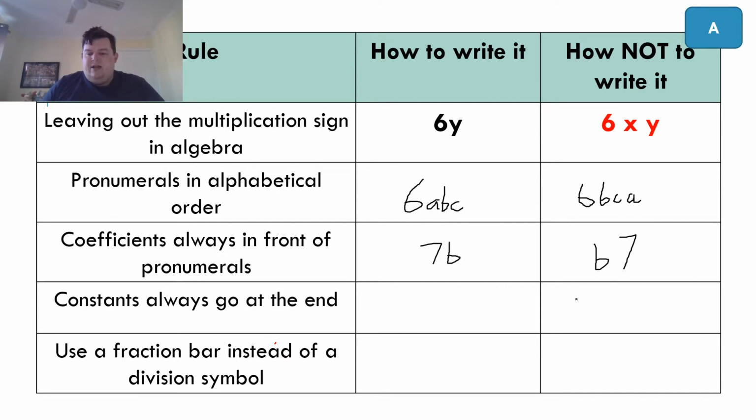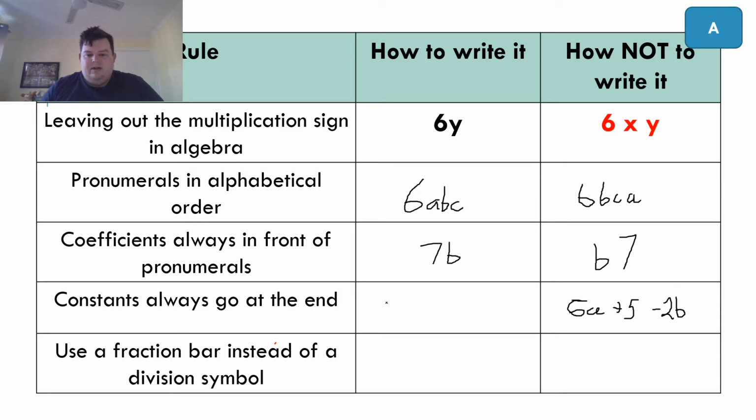So if you have, say, 6a plus 5 minus 2b, the constant in this case being that plus 5, you just want to scoot that down to the end.